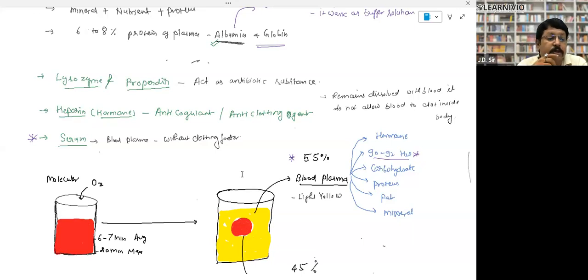Note down. Serum is blood plasma without clotting agent or clotting factor.